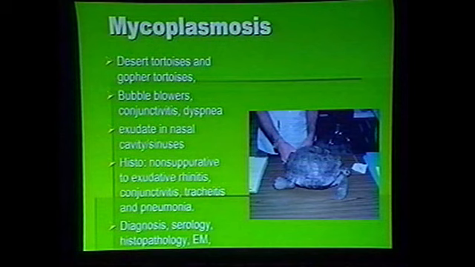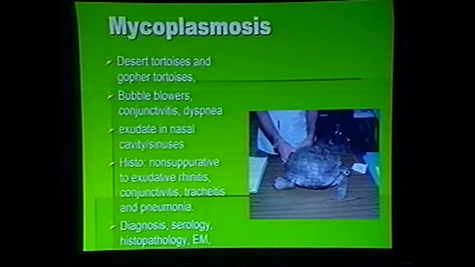An exudate is often found in the nasal cavity and nasal sinuses upon sectioning of the skull, and the histopathology is a non-suppurative to exudative rhinitis, conjunctivitis, tracheitis, and occasionally pneumonia, particularly when there's secondary bacterial infection superimposed on the mycoplasma infection.